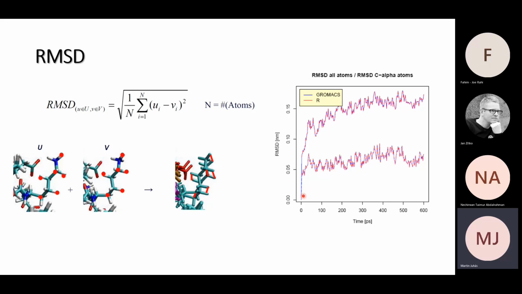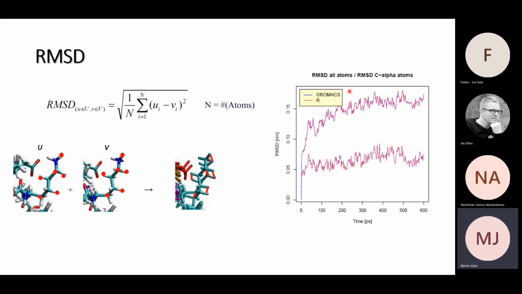If you plot it as a graph or as a plot, it looks like this. So this is time 0, so you always take one each time and you compare it to 0, and you go and go and go, and each will give you a point, and it looks usually like this. So the lower one corresponds to alpha carbons, while this upper one corresponds to all atoms.